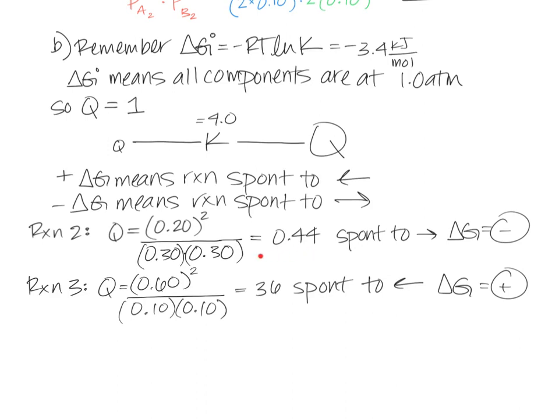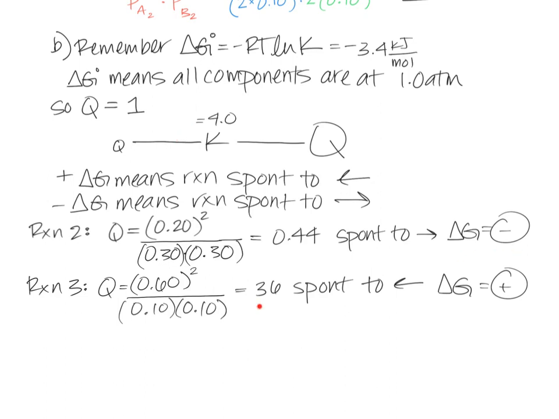For reaction 2, I get 0.44, and for reaction 3, I get 36. This number is smaller than my K value, which is 4, so that means the reaction is spontaneous to the right. It has to go toward the right to reach K, and that means it has a negative delta G.